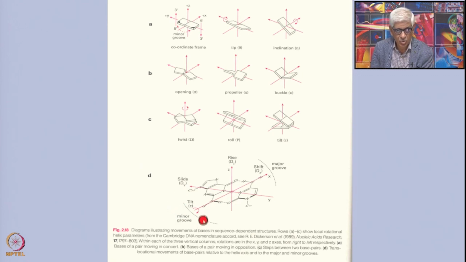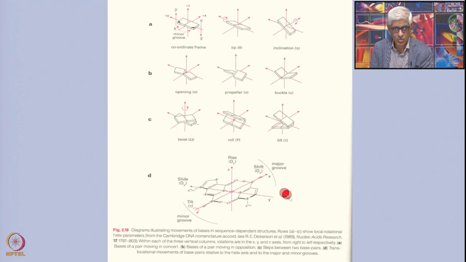So, you have the minor groove on this side and the major groove on this side. If the base pair is like this, you draw an axis like this through the center of the base pair, and then you have a vertical one and you have an axis like this.